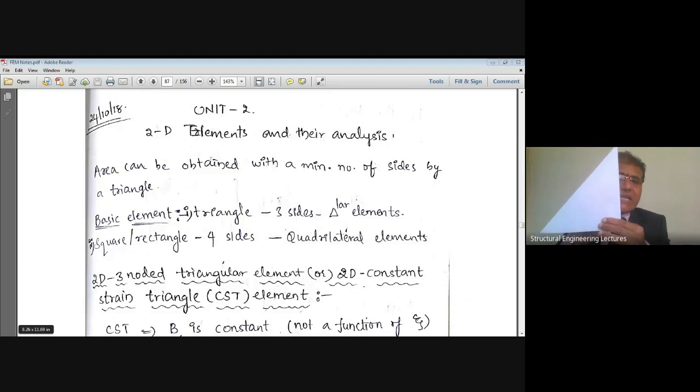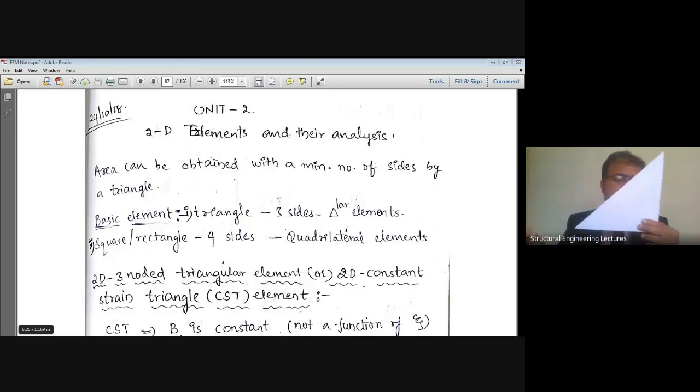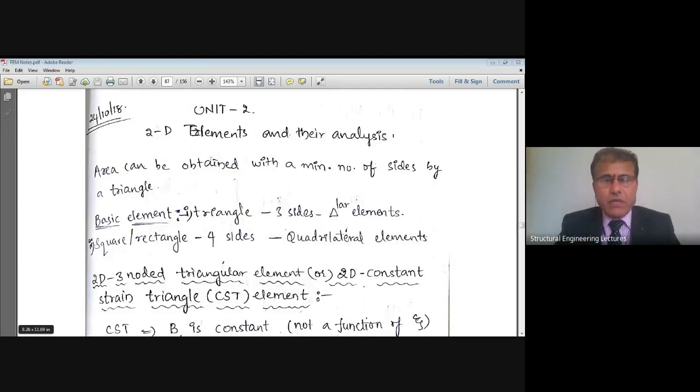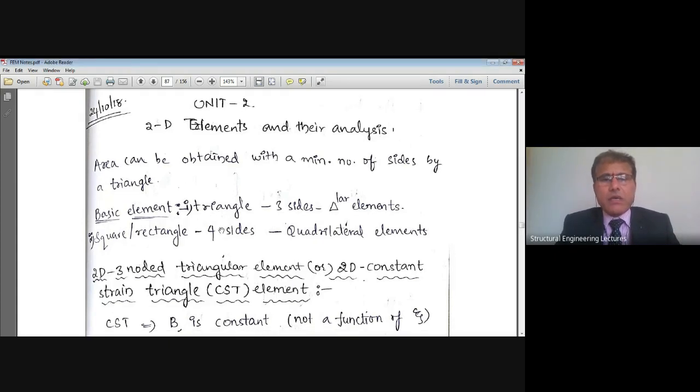In today's class we shall discuss the analysis using the 2D three-noded constant strain triangle. This is how the 2D elements and their analysis are approached. The bare minimum number of sides is available in a triangle, hence this is a basic element.